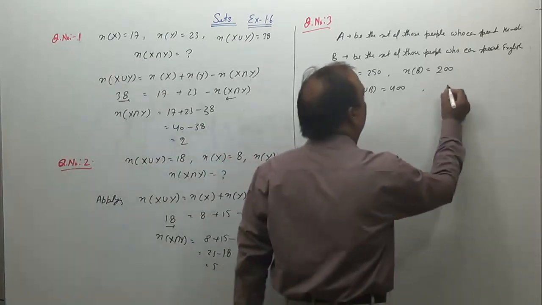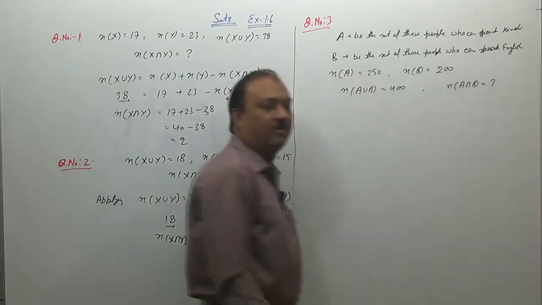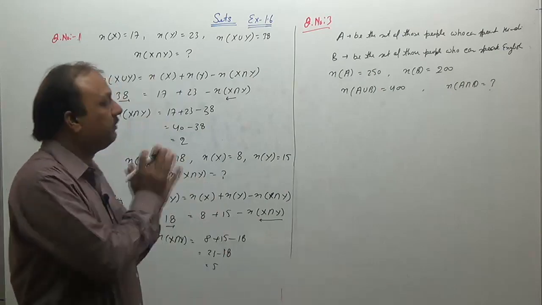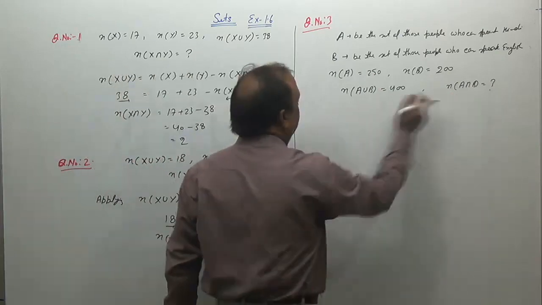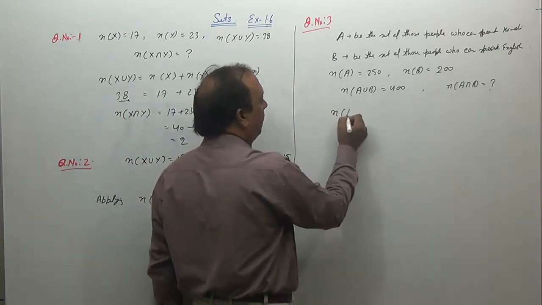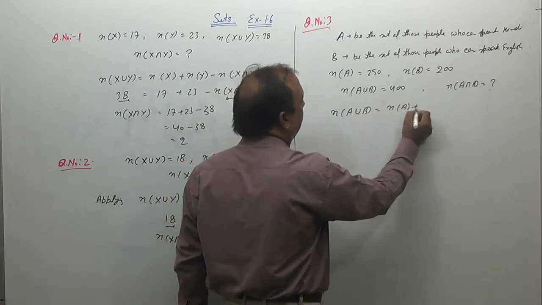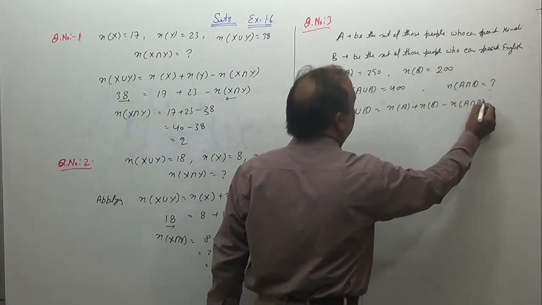Now, find out n(A intersection B), meaning how many common elements between A and B, that is how many people can speak both Hindi and English. So we have to find this out. So n(A union B) = n(A) + n(B) minus n(A intersection B).